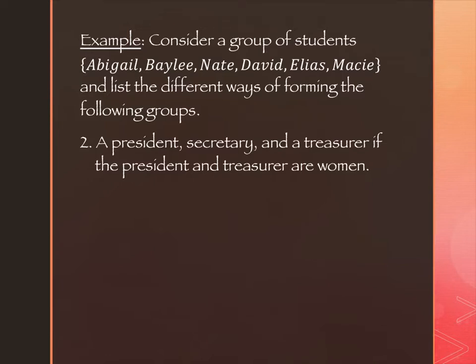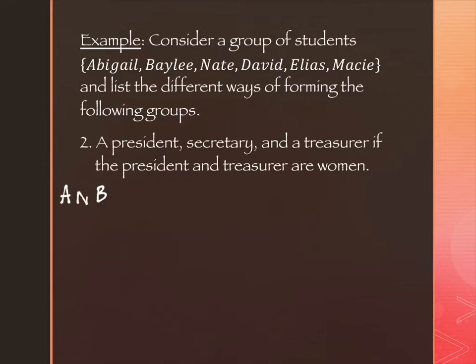We're going to start out with Abigail. And I'm going to put Abigail, and I'm going to put the next girl that's listed in order. And I'm going to list it with a space so that I put her in the third position, just because it's president, secretary, treasurer. So I could do Abigail and Bailey, right? Okay, so if I do Abigail and I do Bailey for my president and my treasurer, who could be my secretary?